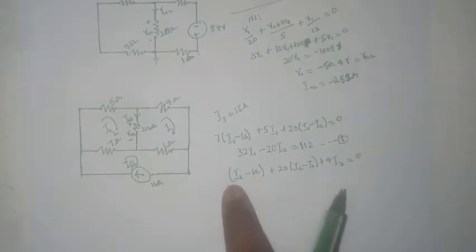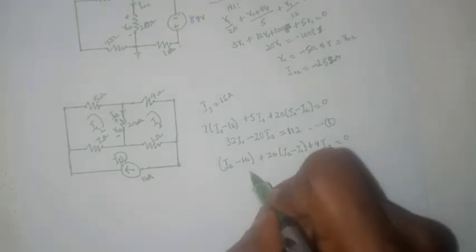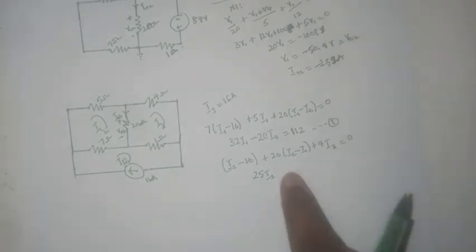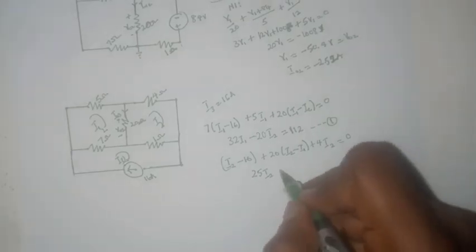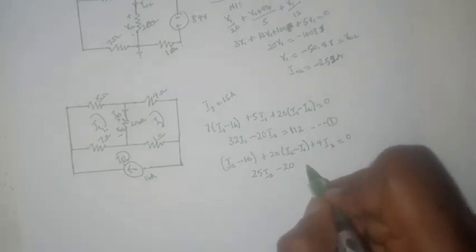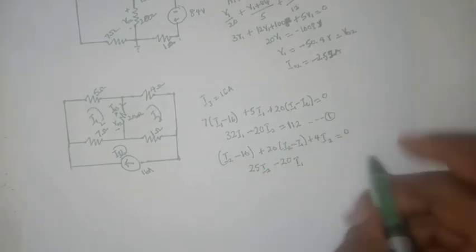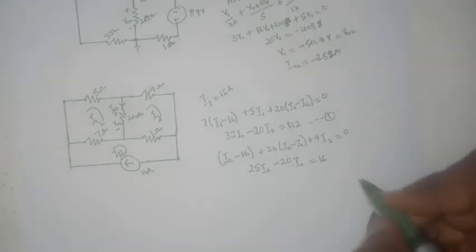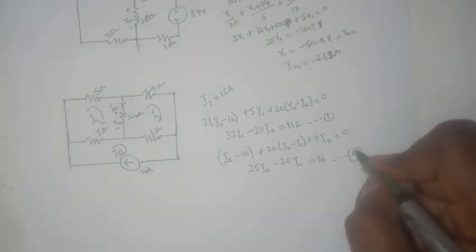Then we have 1 plus 20 plus 4, which is 25 I2, minus 20 I1, all equals 16.